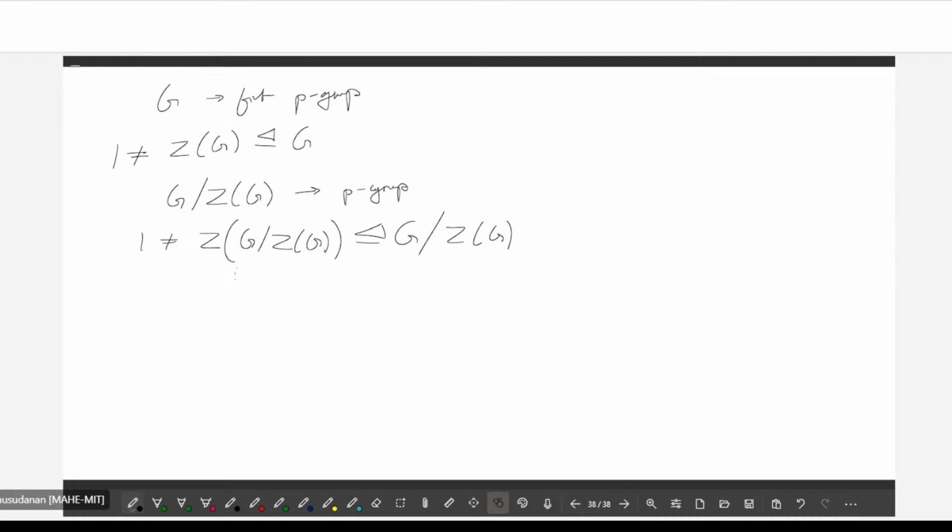So you will start with G and so on. Keep quotienting by the center of the group which you get repeatedly until you get the trivial group. In general, suppose G is any group.